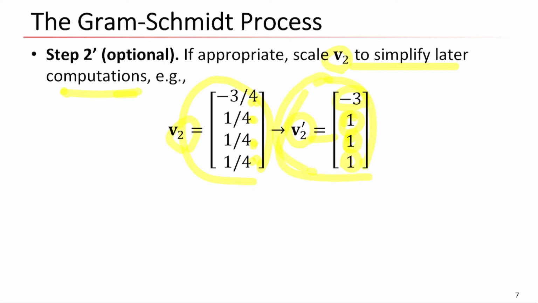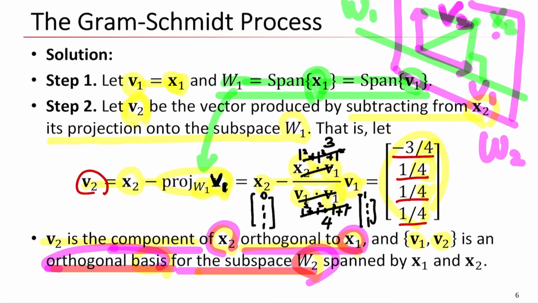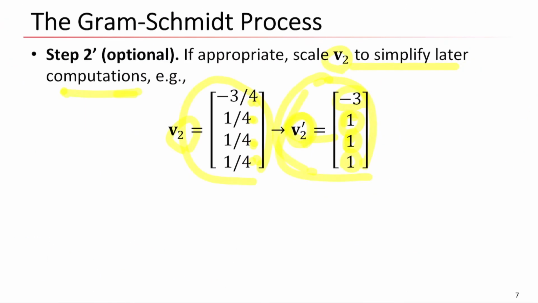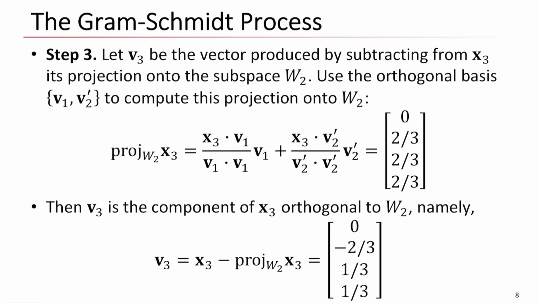So rather than using v2 itself, we can use the resized version of v2 to make the later computation more efficient, right? So now we have v1 and v2. Then let's find v3.